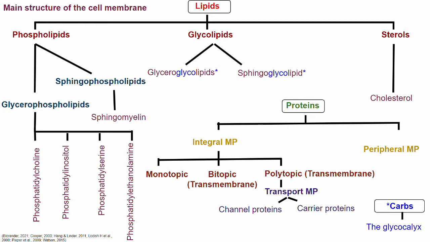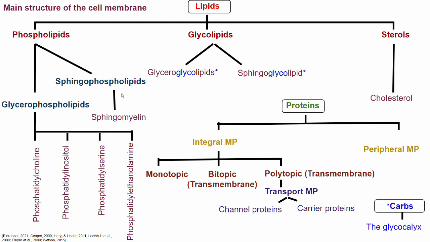Okay? Now, there are four main types of glycerophospholipids that can be found within the cell membrane. We have phosphatidylcholine, phosphatidylinositol, phosphatidylserine, and phosphatidylethanolamine. These are the main glycerophospholipids that can be found.